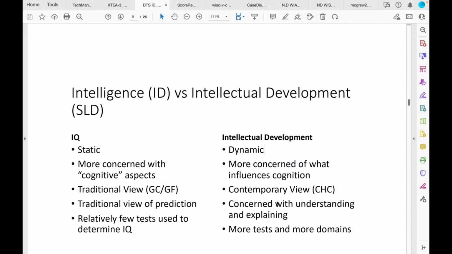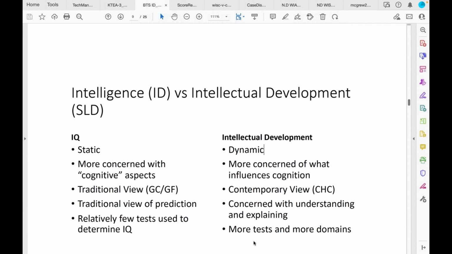IQ is more concerned with innate cognitive aspects. An IQ score is generated, especially in a WISC, with more of a traditional view of GC and GF. That's what's really loading into the IQ score: the king and queen of intelligence, GC and GF.